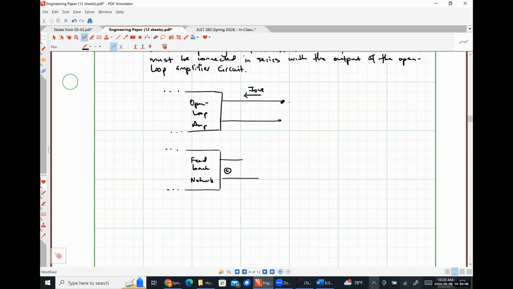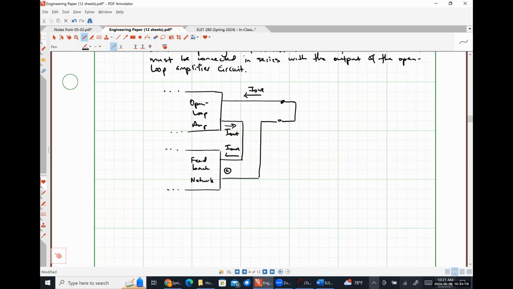What we would do is we would short circuit those output terminals, and then we're going to break this negative path like so to connect our feedback network in series so that our output current on its effectively return path winds up flowing into the positive polarity terminal of our feedback network.